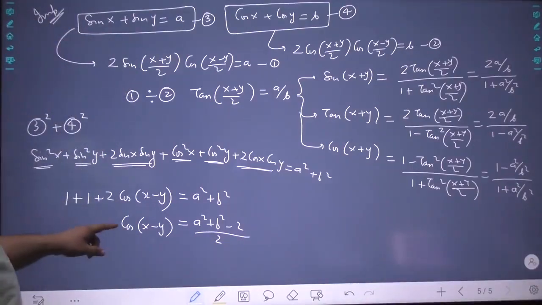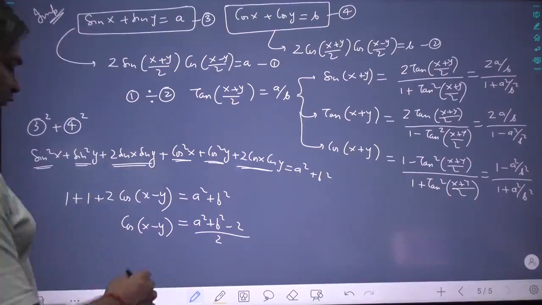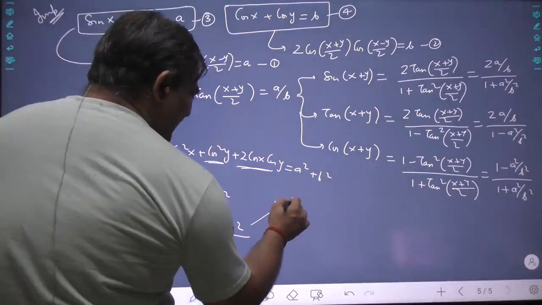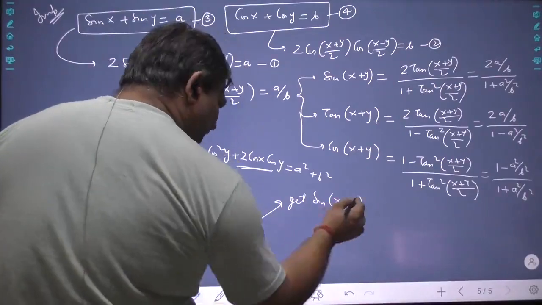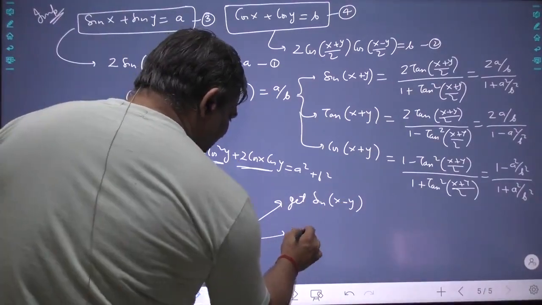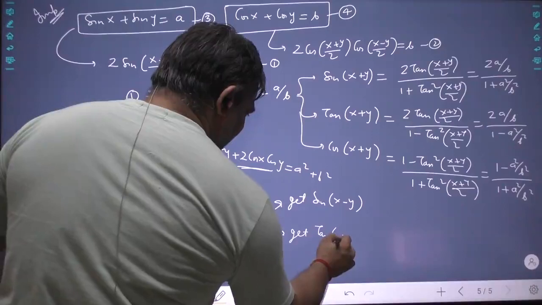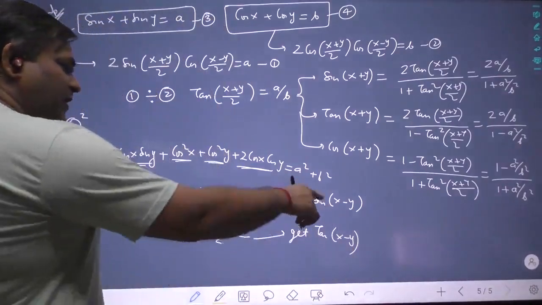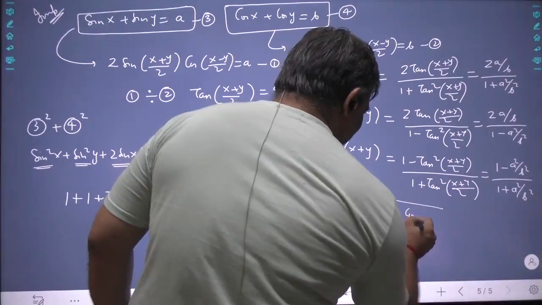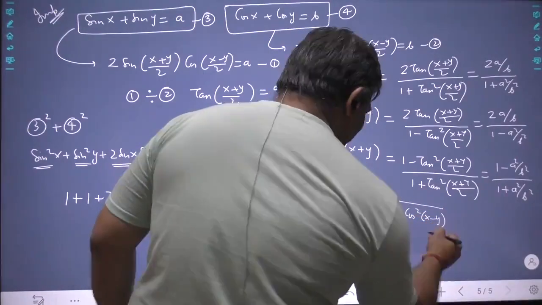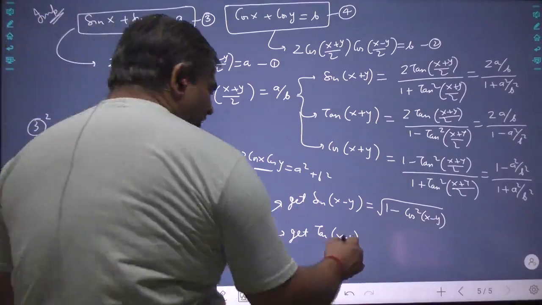So if you have the formula of cos(x minus y), from here you can get sin(x minus y), that I leave to you. You can get tan(x minus y). Okay, here I will help. How to get sin(x minus y)? Very simple: the square root of 1 minus cos²(x minus y). And how will you get tan(x minus y)?